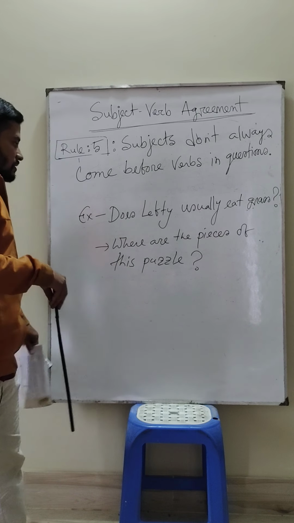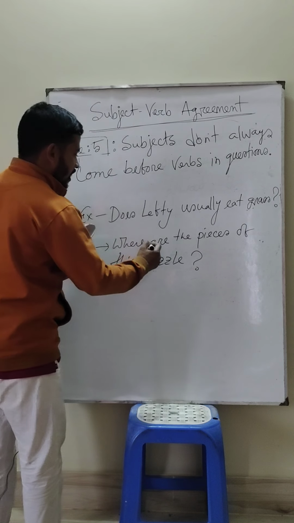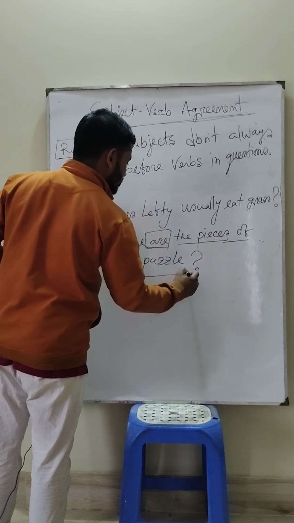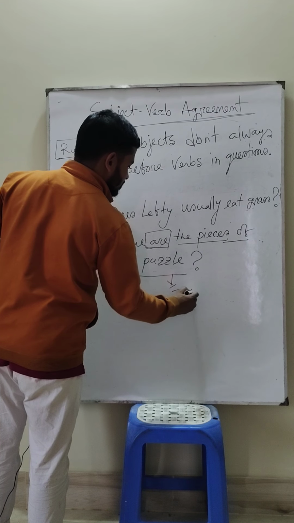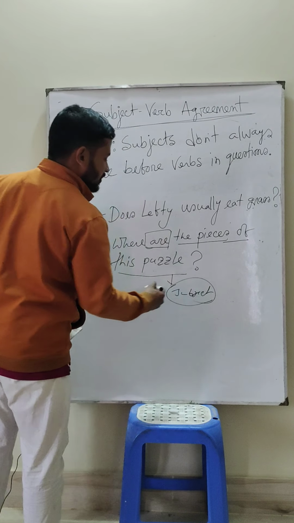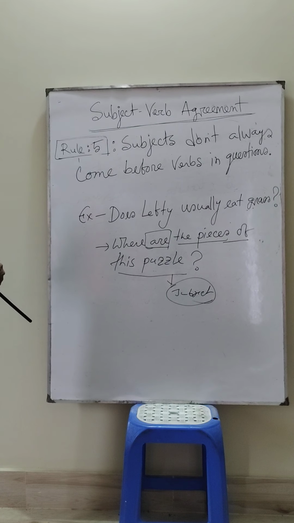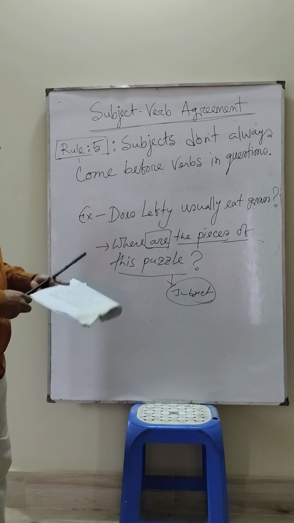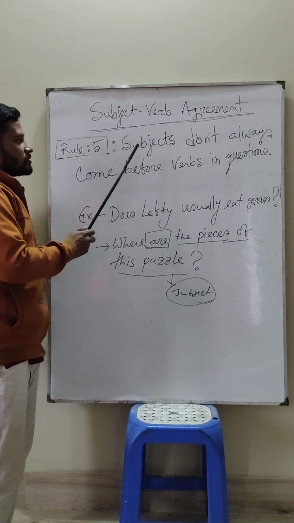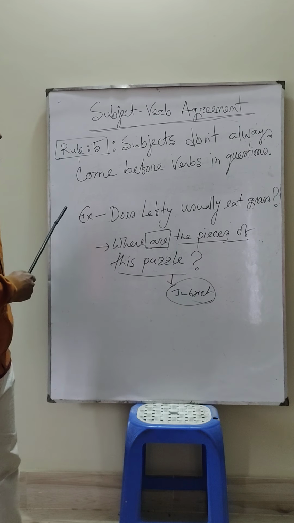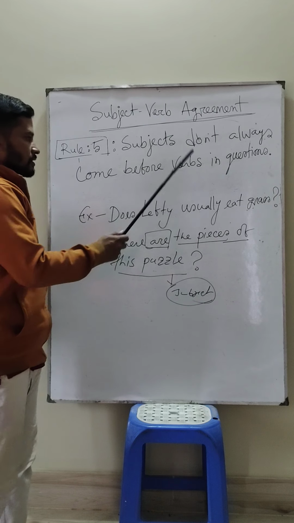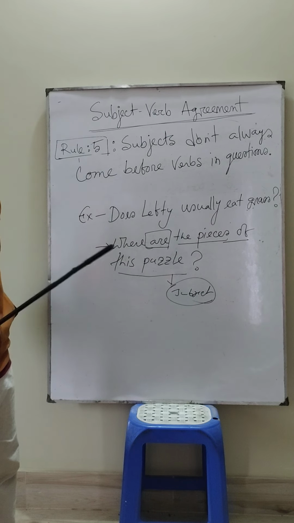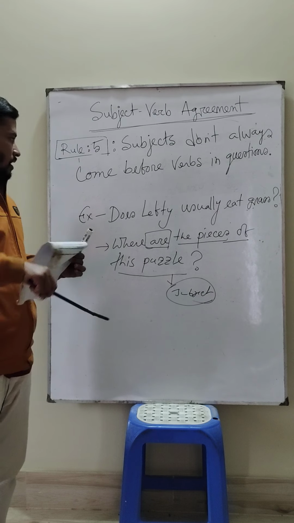Here "are" is the verb and "the pieces of this puzzle" is the subject, and this is the prepositional phrase you saw a few moments ago. So we can say subjects do not always come before verbs in questions. That is, in an interrogative sentence we cannot use a subject at the starting point of the sentence.